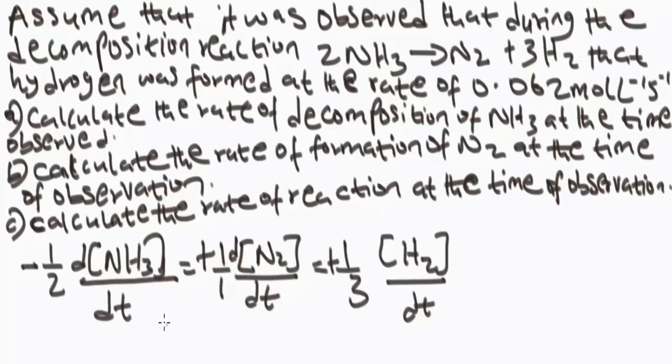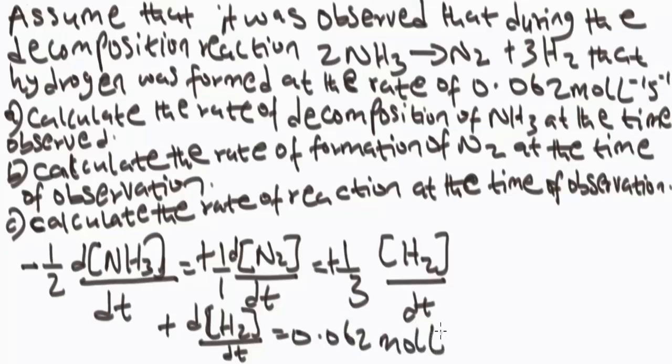Now since we are given the rate of formation of hydrogen in the question, that is change in hydrogen gas over change in time, we have it to be 0.062 mole per length per second.